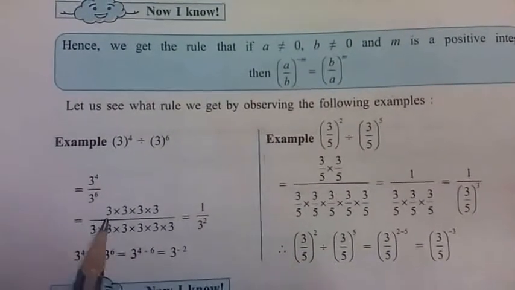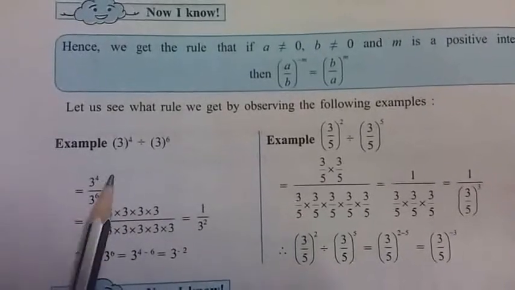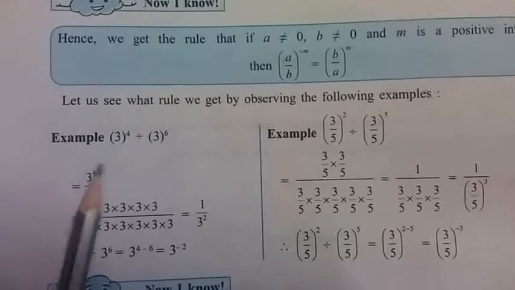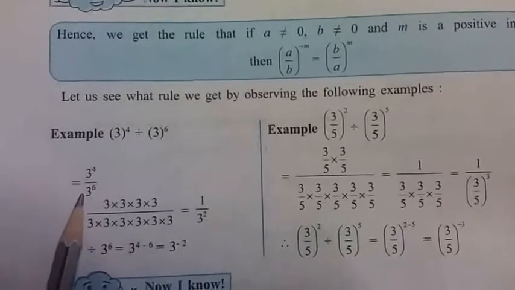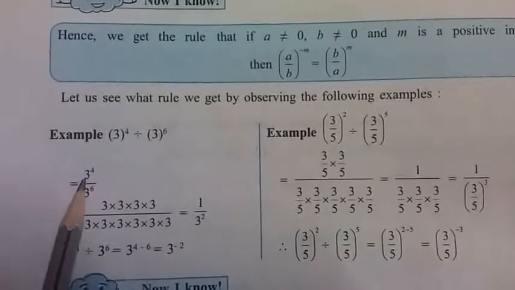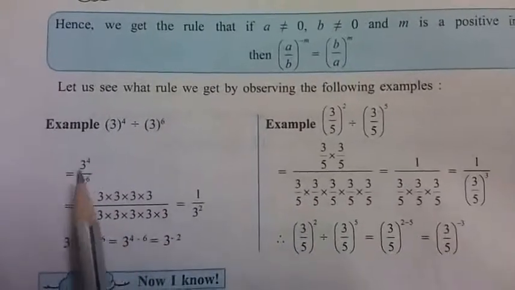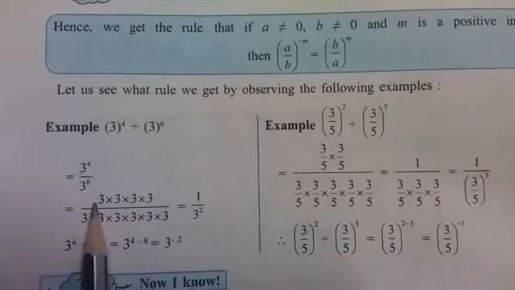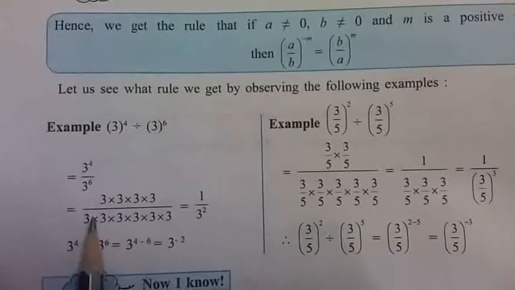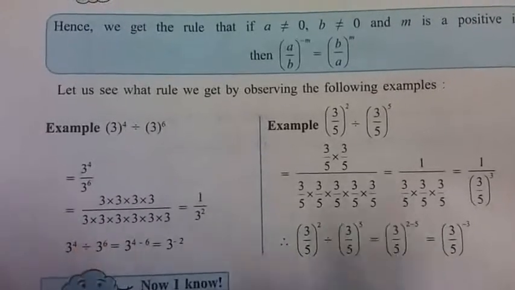See here, one more example is given. 3 raised to 4 divided by 3 raised to 6. Write it down: 3 raised to 4 means you will write 3 four times, 1, 2, 3, 4, upon 3 raised to 6, means 3 six times.